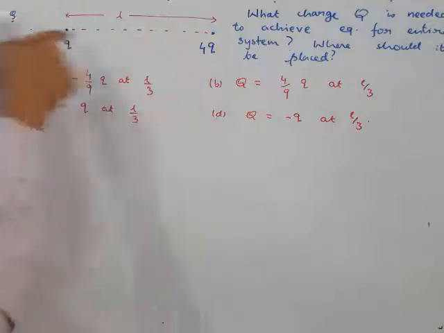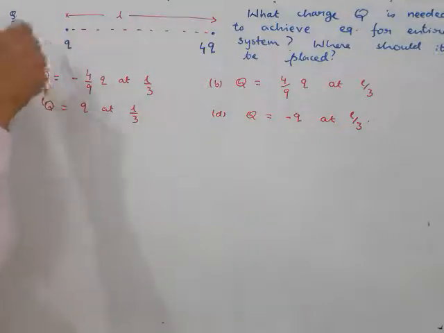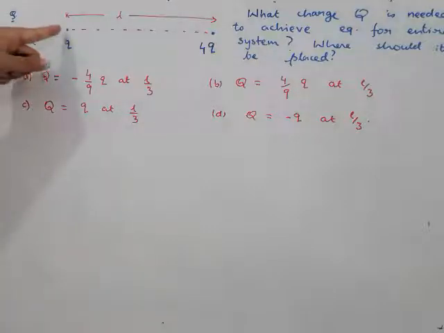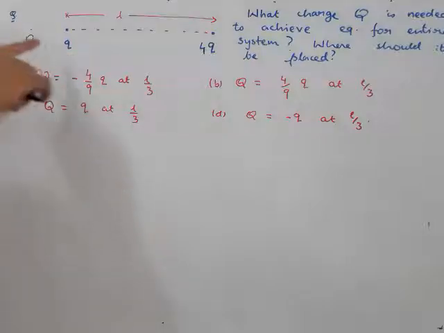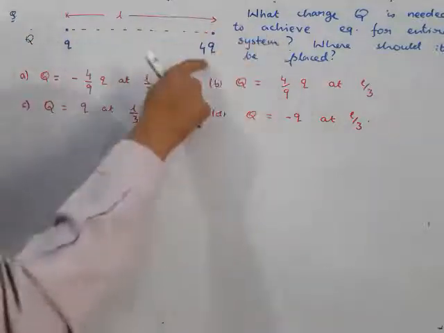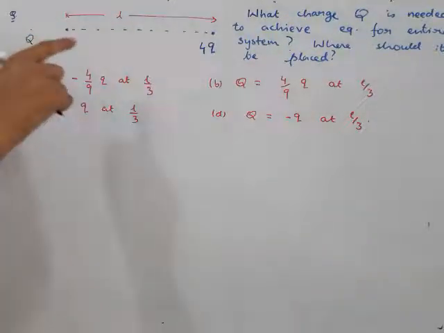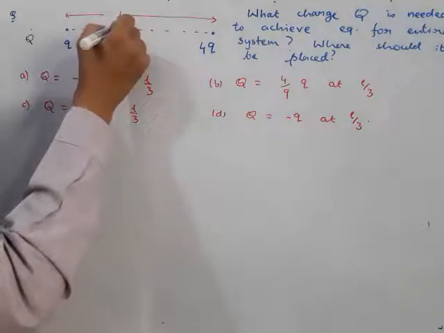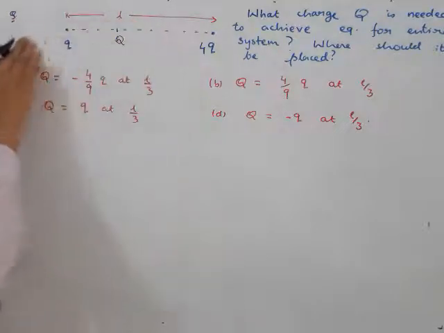So either both of them will attract or both of them will repel if we put this charge Q here. So net force on this Q can never be 0 if it is placed to the left of the first charge Q. Likewise, if it is placed to the right of 4Q, both these charges will either attract or repel. For equilibrium, one of the forces should cancel the other force. That is possible only if this charge Q is placed here.